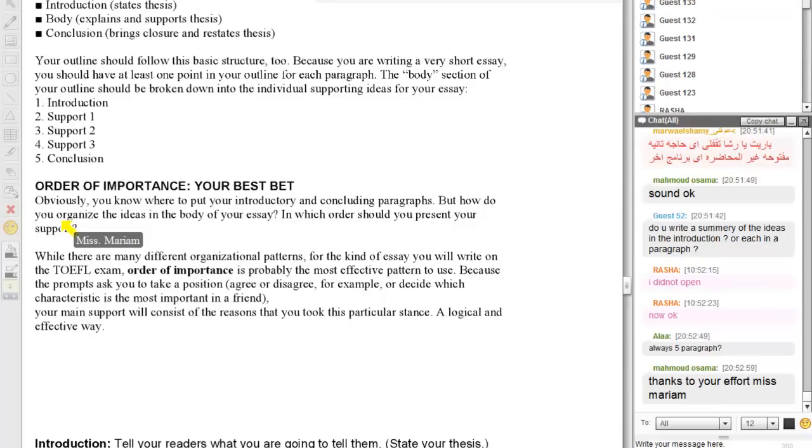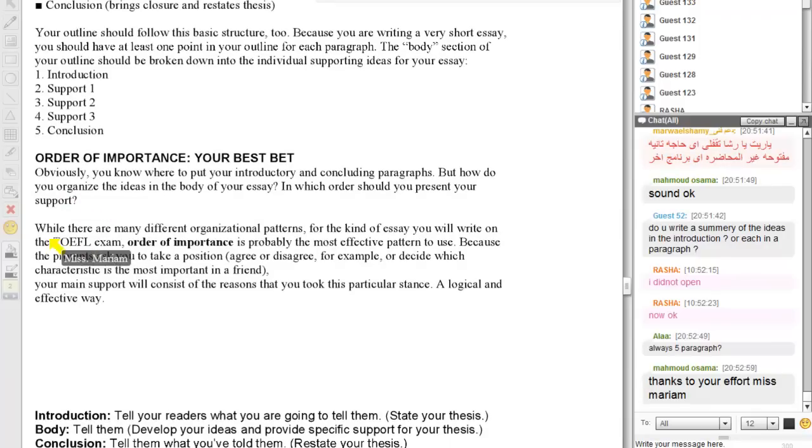In which order should they go? While there are many different organizational patterns for the kind of essay you will write on the TOEFL exam, order of importance is probably the most effective pattern to use, because the prompts ask you to take a position, agree or disagree, for example, or to decide what characteristic is the most important in a friend.